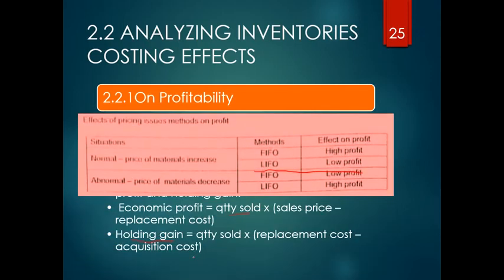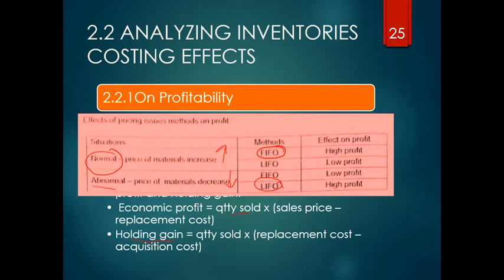So conclusion dia, effect dia ialah bila normal, situation dia normal, maksudnya price of the material increase. So method yang akan give you the highest profit is FIFO. Whereas bila berlakunya abnormal, price of materials decrease, yang akan give you highest profit is Lifo.